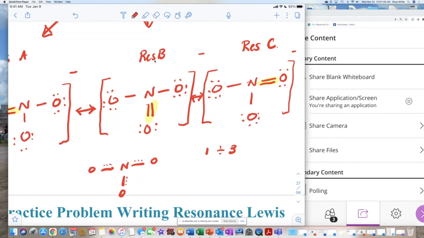So when you're asked what's the value of the bond in the hybrid, you would say it's 1 1/3, or 1.33. Why? I had to take the second bond in the double bond, divide it by 3 and equally spread it around.